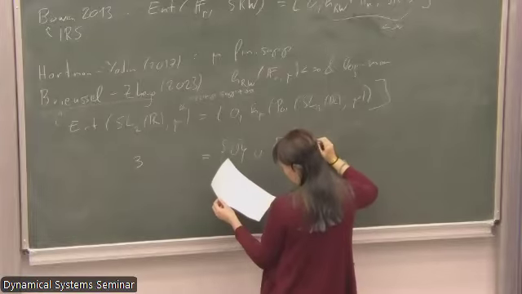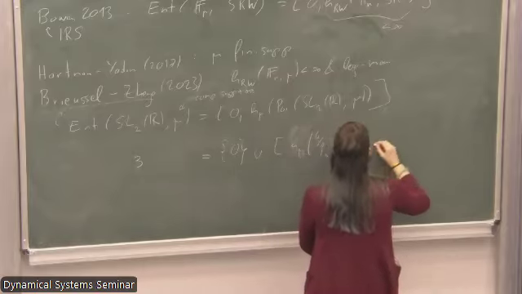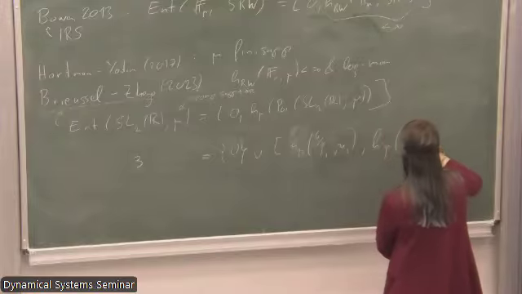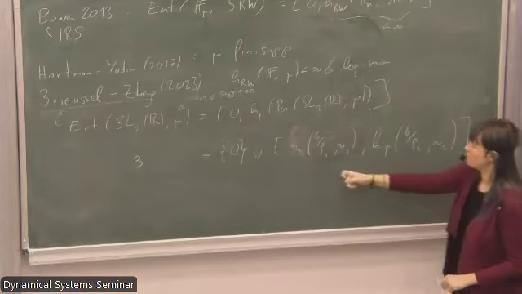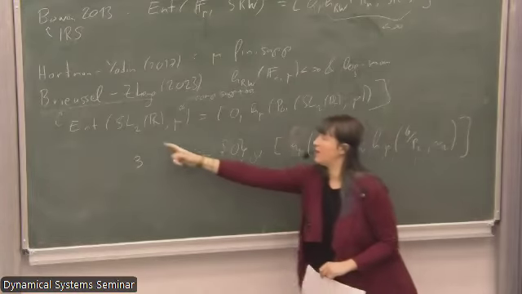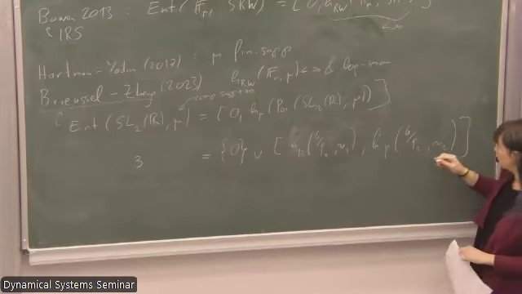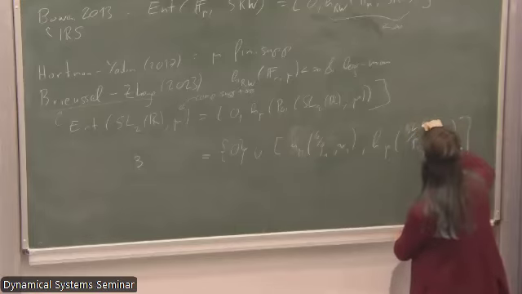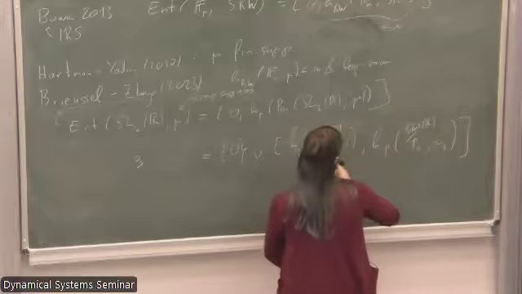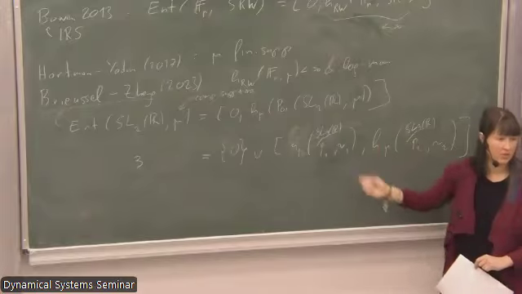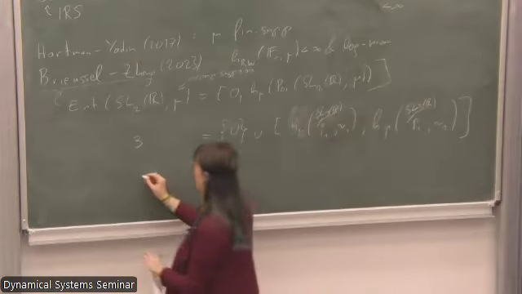Entropy of G mod P1 with some nu 1, entropy of G mod P2 with nu 2. So in general, the Poisson boundary of SLnR can be realized as the group modulo its minimal parabolic subgroup and some probability measure.